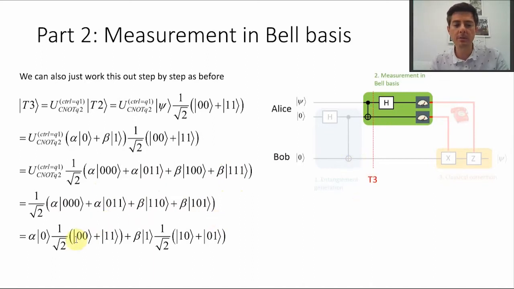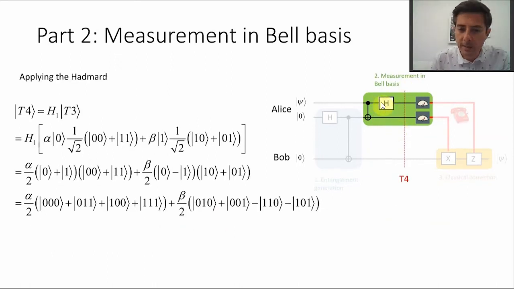But we can do a little bit of factorization by noticing that these two terms both start with 0, so we can factor out that state. They both have coefficient alpha, so we can write the first two terms like that. The last two terms similarly: first qubit is 1, and they both have beta, so we pull that out the front, and we have those two states factorized. So that's the state at T3.